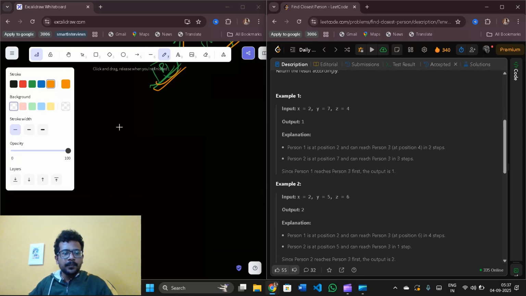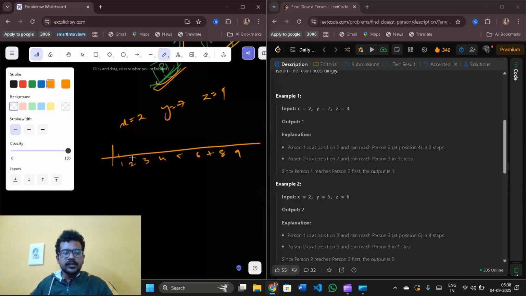X is equal to 2, y is equal to 7, z is equal to 4. So let us take this on a number line: 1, 2, 3, 4, 5, 6, 7, 8, 9. At 2 I have x, at 4 I have z, and at 7 I have y.